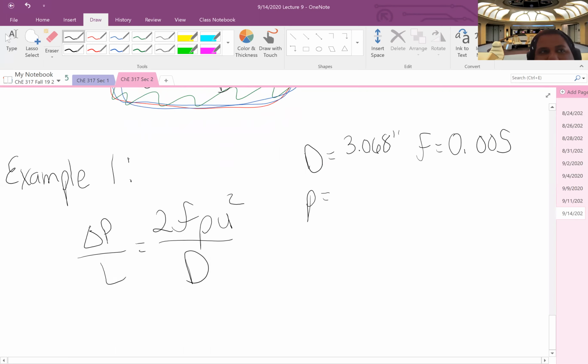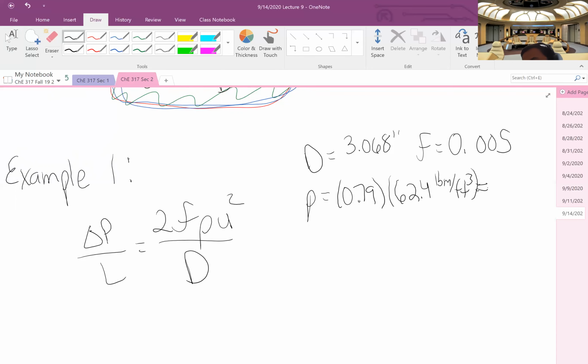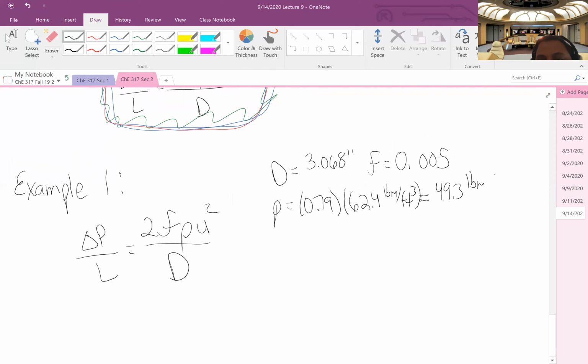Rho was the specific gravity times the reference, which we use water when we're looking at ethanol, so 0.79 times 62.4 pound mass per cubic foot, which is 49.3 pound mass per cubic foot. D, we already said D. And the velocity provided was 10 feet per second.